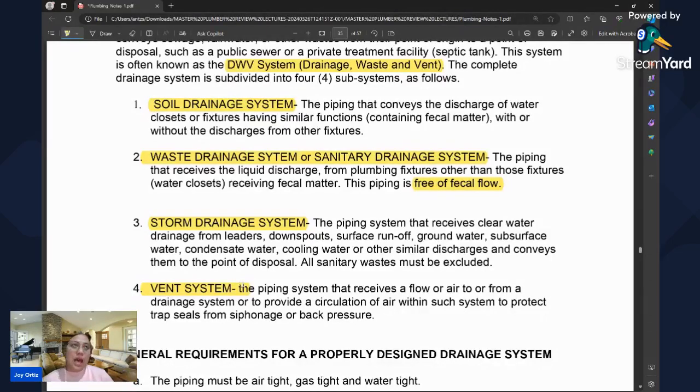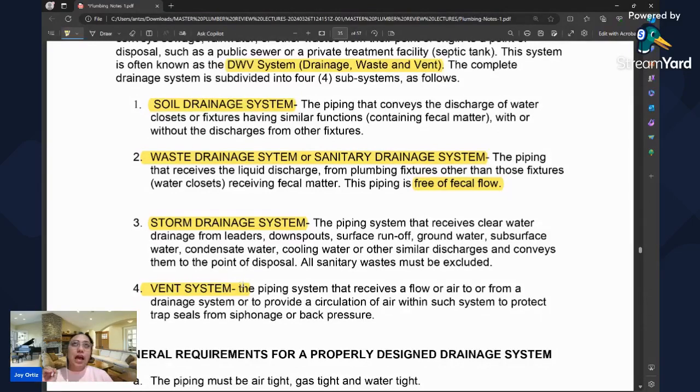Usually we put exhaust fans in the toilet. But in the traditional setup in the CR, we really have a vent pipe so that the gases from our toilet bowls or water closets can escape. It receives a flow of air from a drainage system to provide a circulation of air within such system to protect trap seals from siphonage and back pressure.